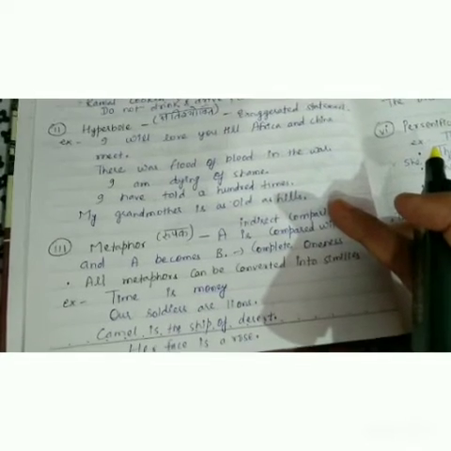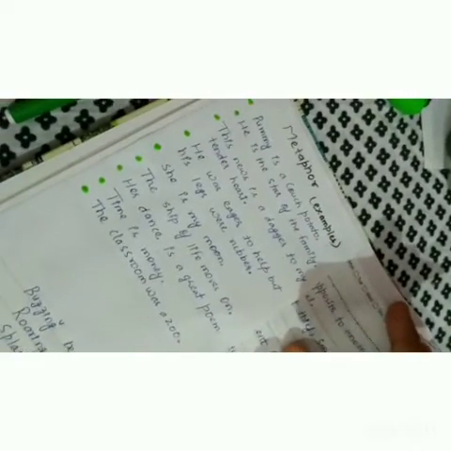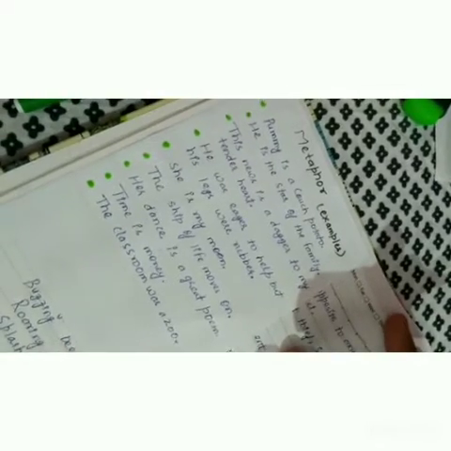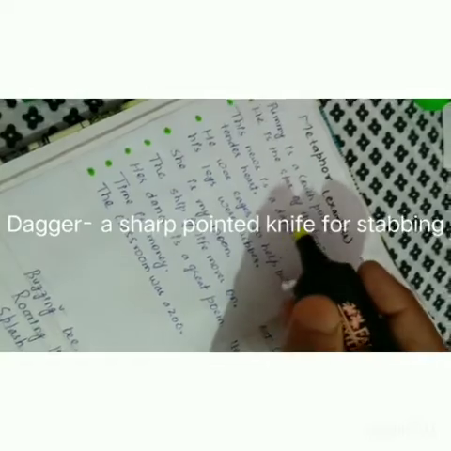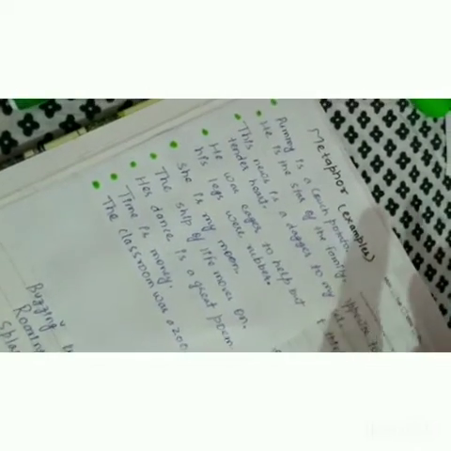Camel is the ship of desert. Her face is a rose. And some more examples. Pummy is a couch potato. He is the star of the family. The snooze is a dagger to my tender heart. Dagger मतलब something चाकू.